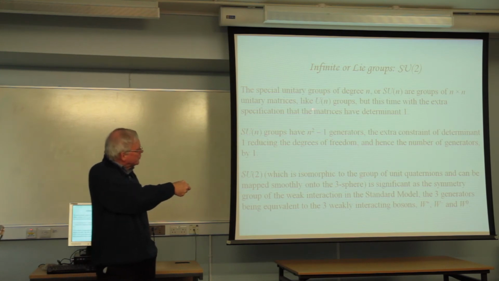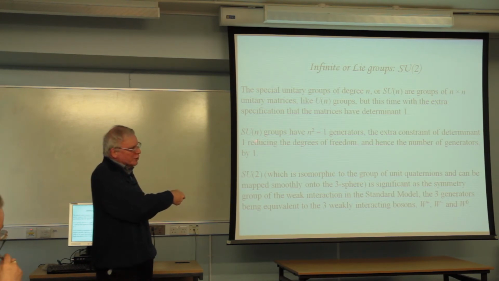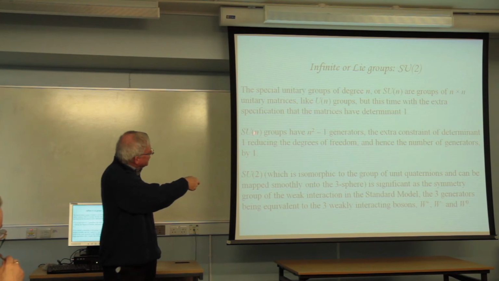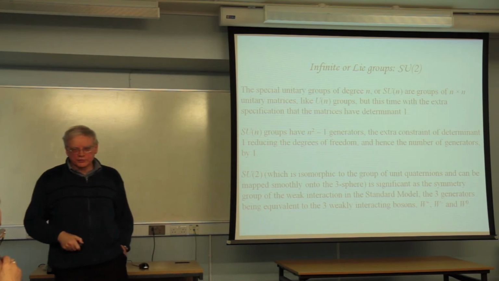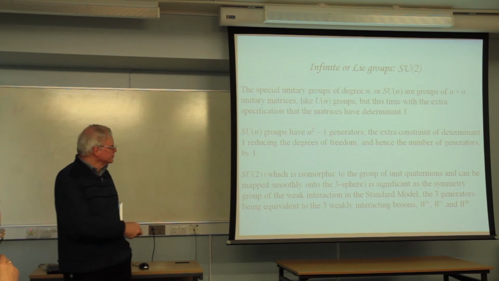They are defined by the unitary matrices of determinant 1, of that order. So if you've got SUN and n is 2, then the matrices are 2 by 2. If it's SU3, then the matrices are 3 by 3.